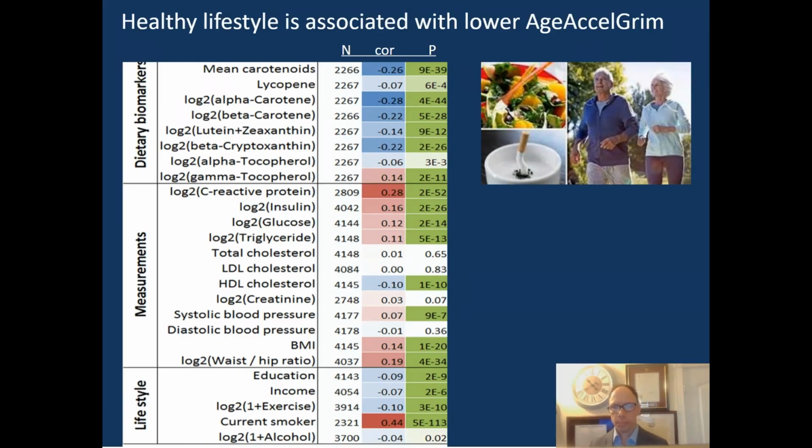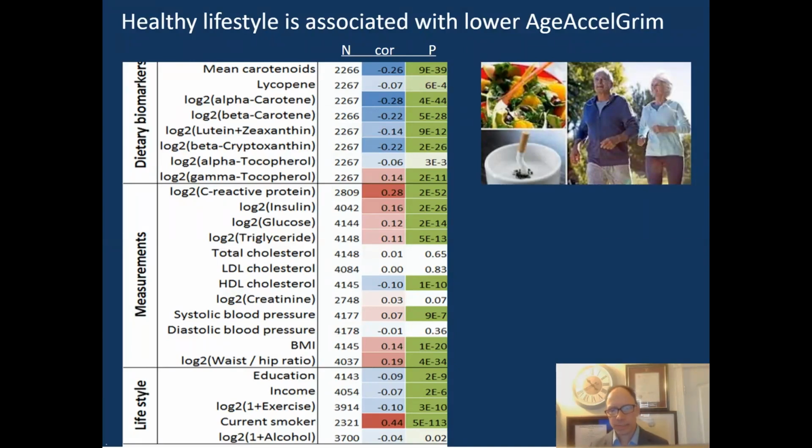Here I show you a study of healthy lifestyle in the Women's Health Initiative. For these women, we had blood measures of vegetable intake, more precisely blood measures of carotenoid levels.